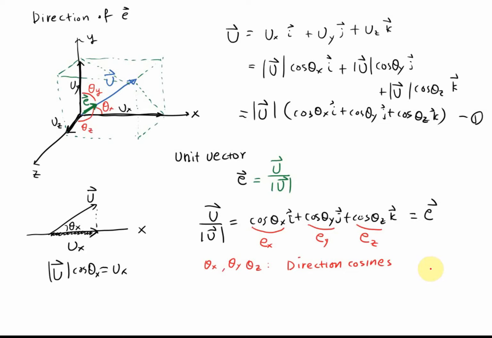Okay, right now, if you look at the left side, the u vector is generally in this form, which means ux i plus uy j plus uz k, because on the left side I substitute the u vector with this form and then divide by the u magnitude.